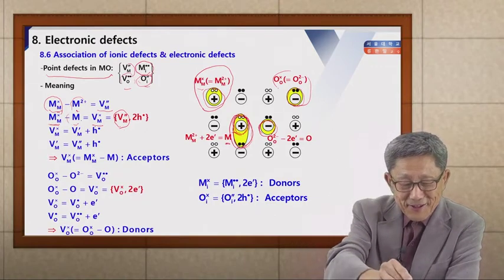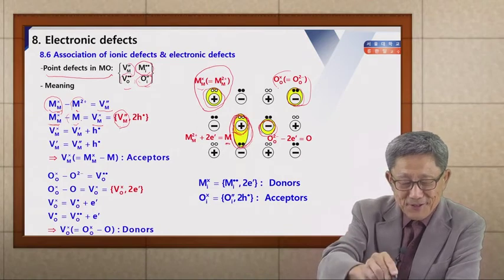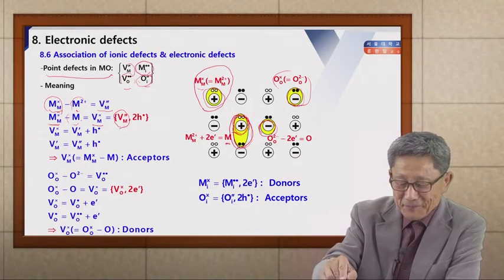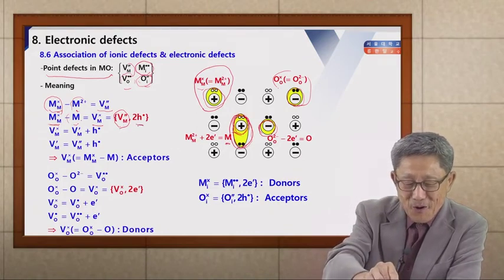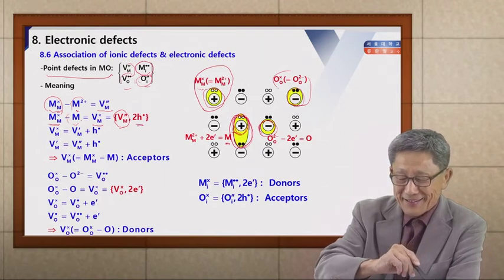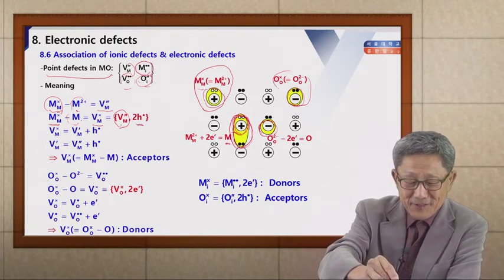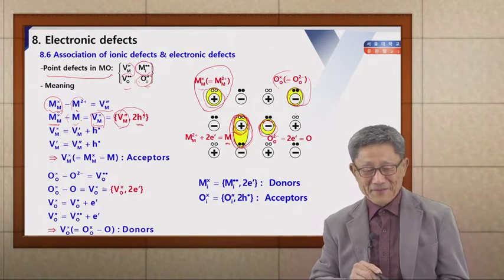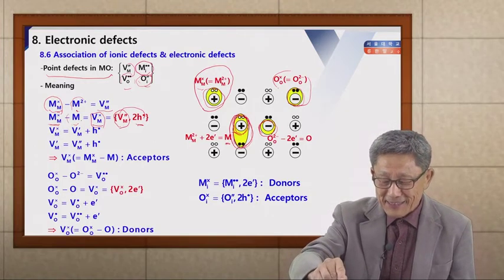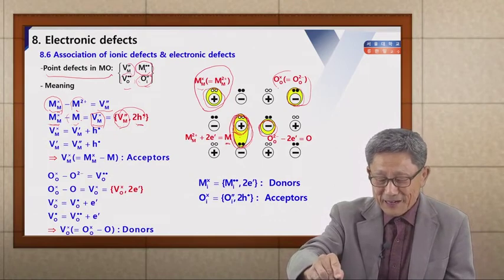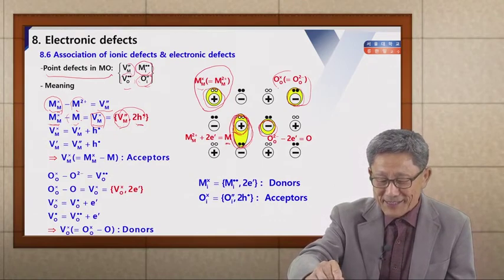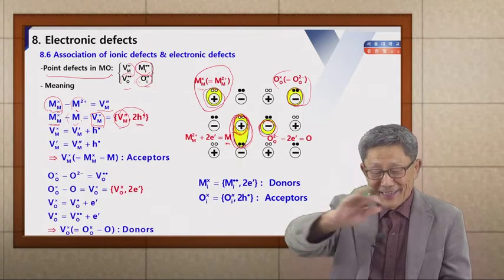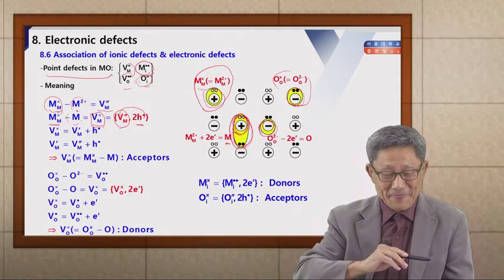And then you took out these two electrons together, therefore you left behind two holes. So what's that? This makes the neutral metal vacancy. Don't forget, this neutral metal vacancy has two empty electronic sites in the nearby valence band.